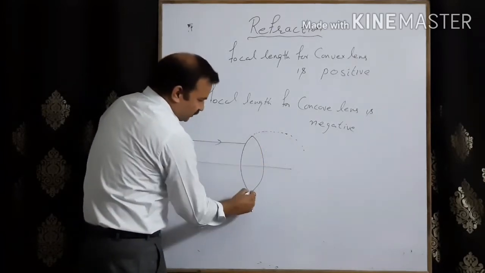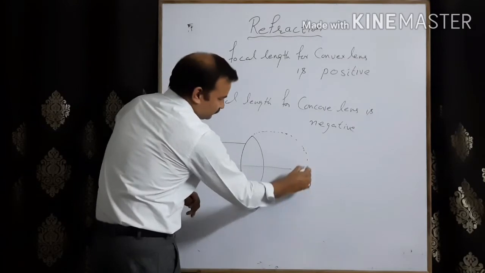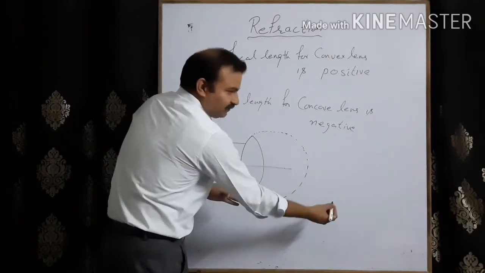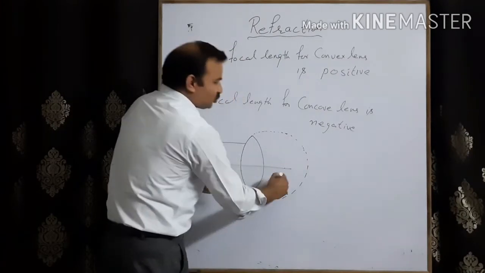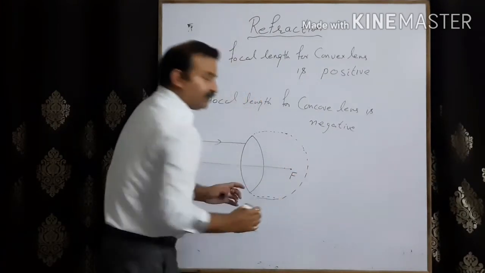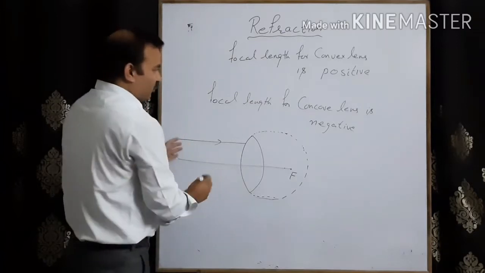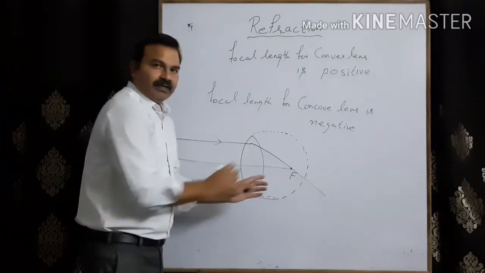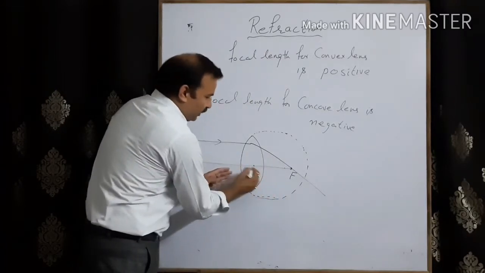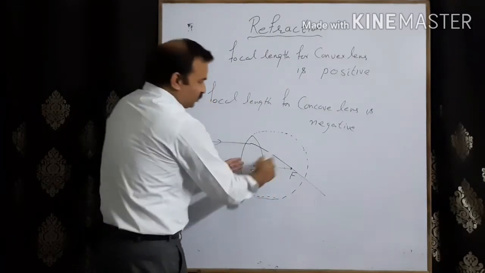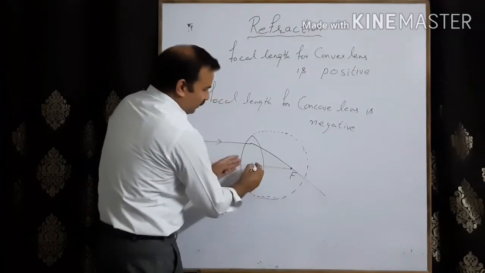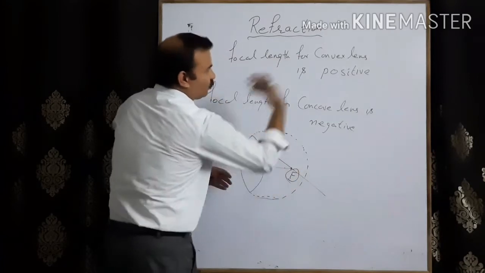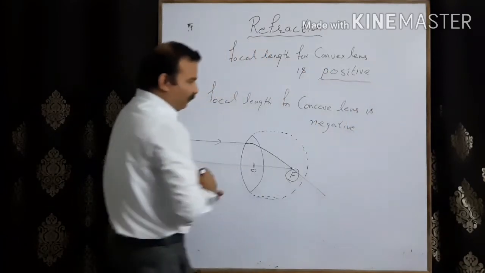If I complete this sphere, its center will be somewhere on the right side. So the principal focus, which I told you about, is also on the right side, and this is the optical center. Distance is measured from the optical center. So that's why the focal length of the convex lens is positive.